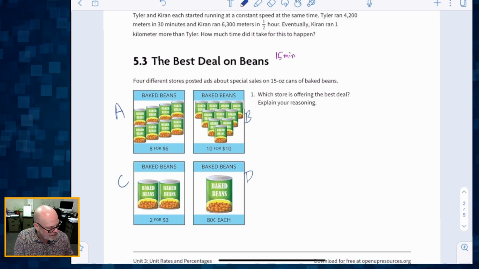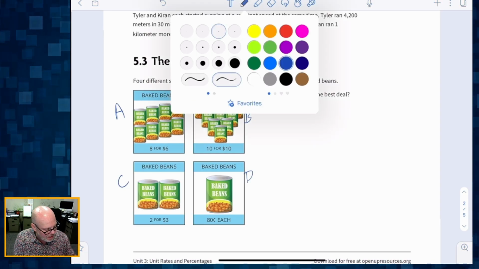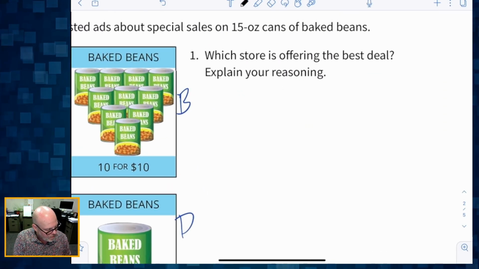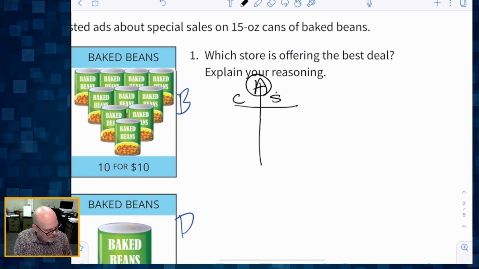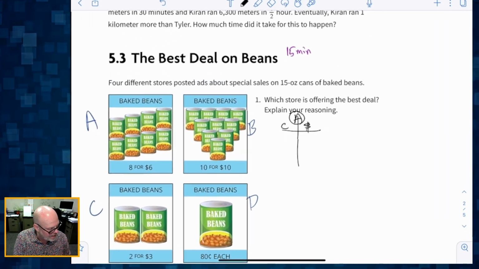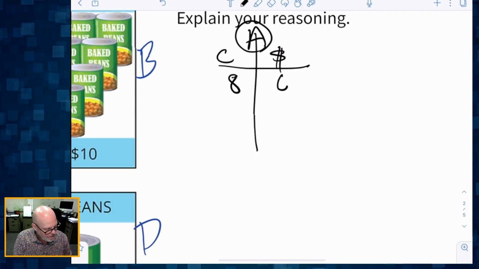All right. And so A is 8 cans for $6. A, let's see, cans and dollars. So we've got 8 cans is $6.